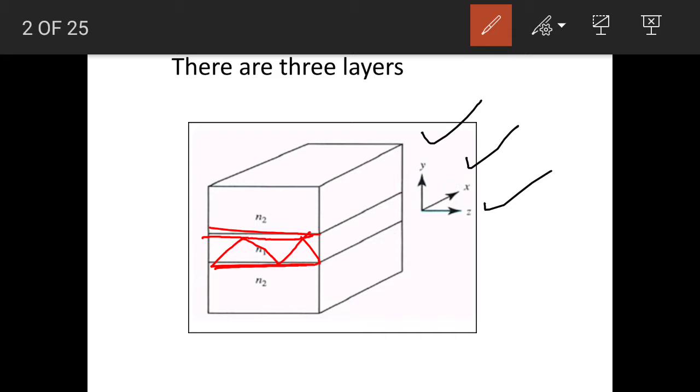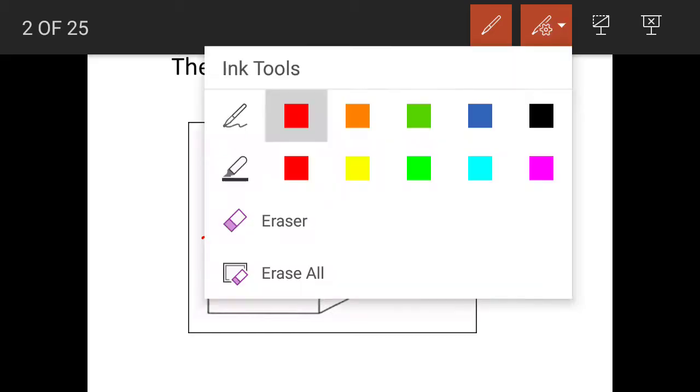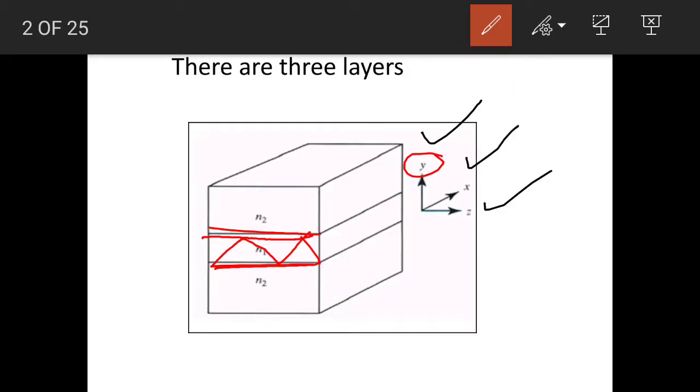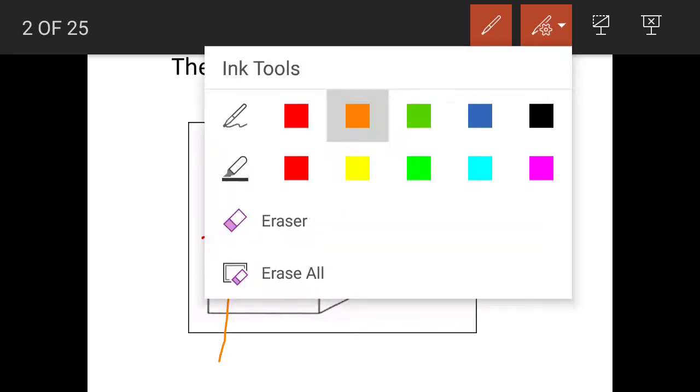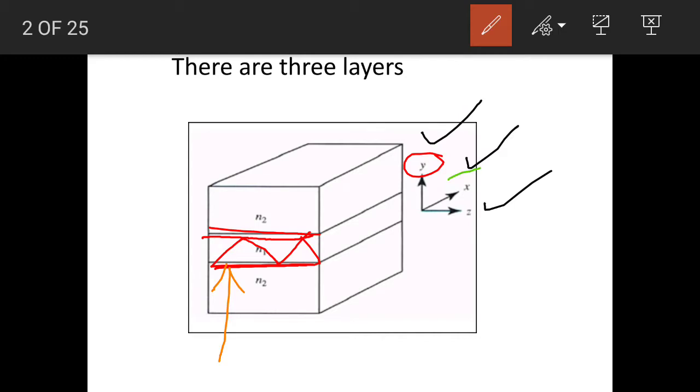Similarly, the y coordinate is normal to the interface between the central layer and the bottom layer as well. As far as the x coordinate is concerned, x coordinate is tangential to these interfaces. Similarly, z axis is tangential to these interfaces as well.